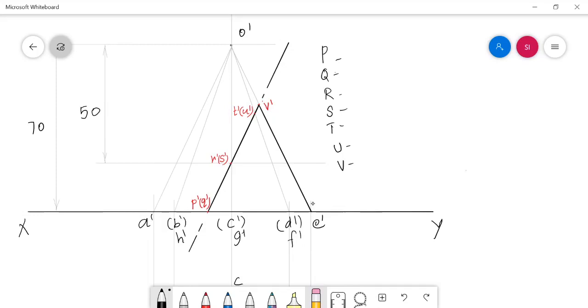Totally 7 cut points are obtained in this problem. Let's mark the address of each and every cut point.